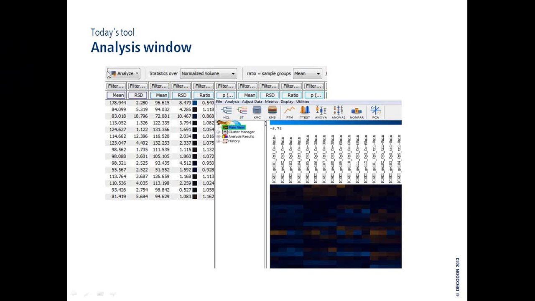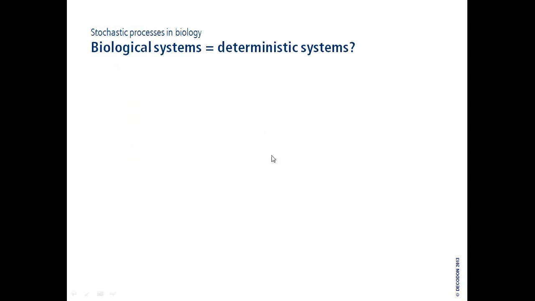For each of these tables, this Analyze button is available, while there is only one possible analysis window open. It will be reopened with the new data if you click it from another table. So this is the analysis window, and let's go ahead.